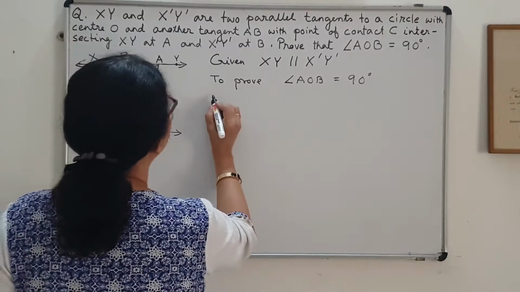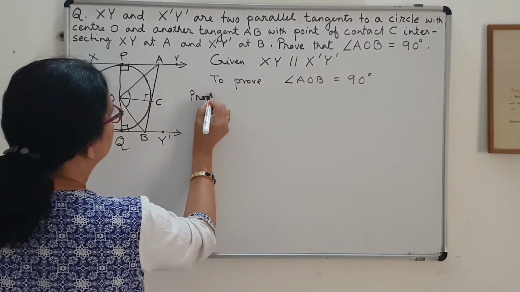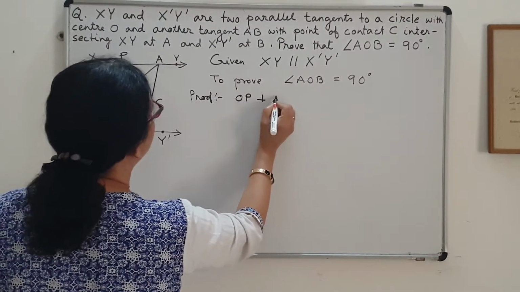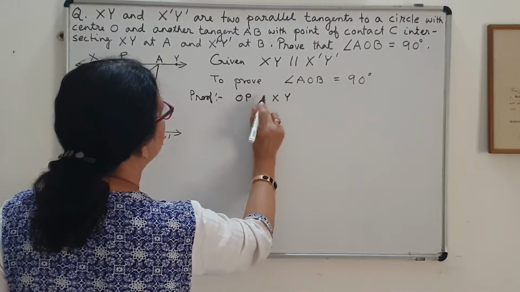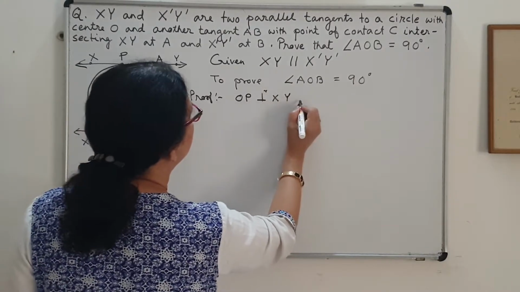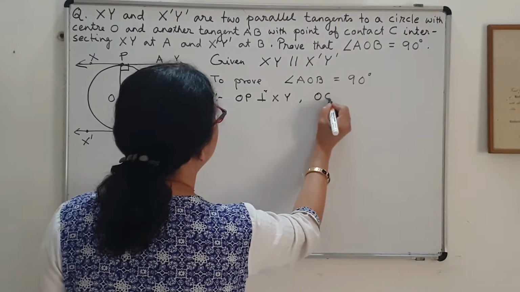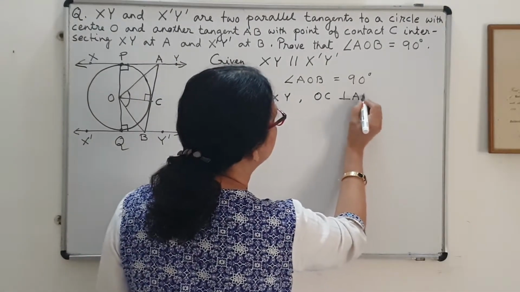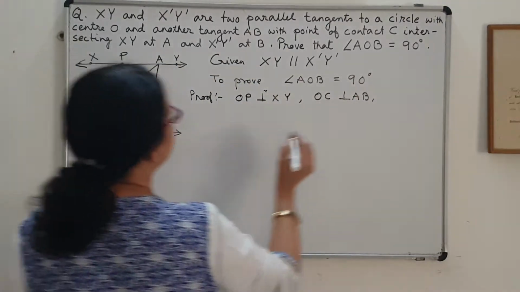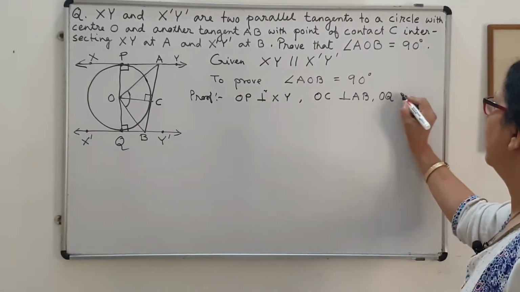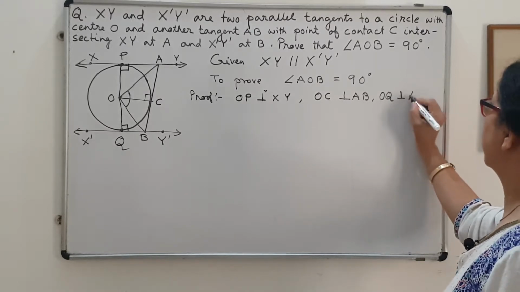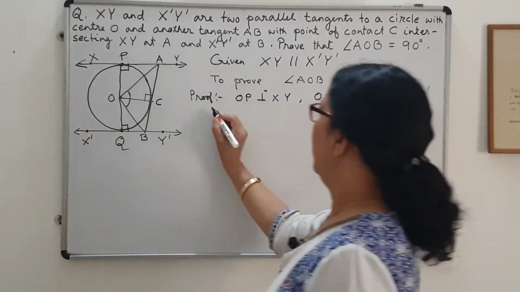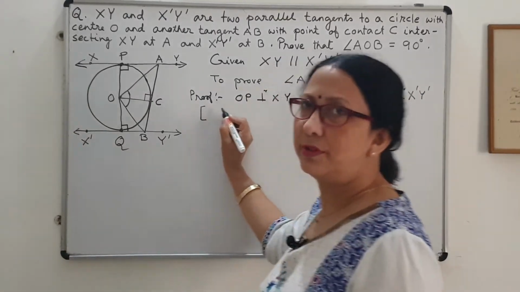So you write proof. OP is perpendicular to xy, and OC is perpendicular to AB, and OQ is perpendicular to x dash y dash. And let us write the theorem in support of this.